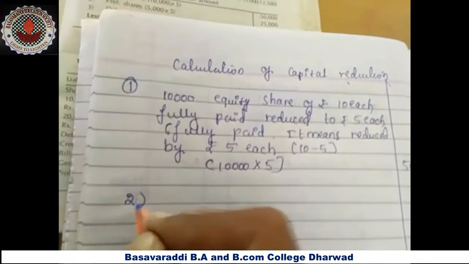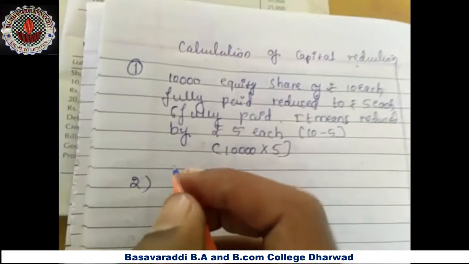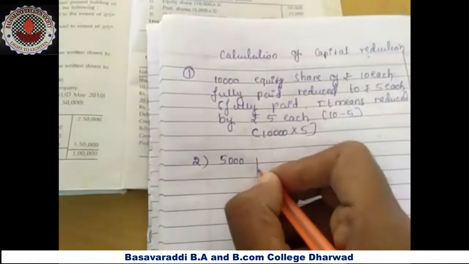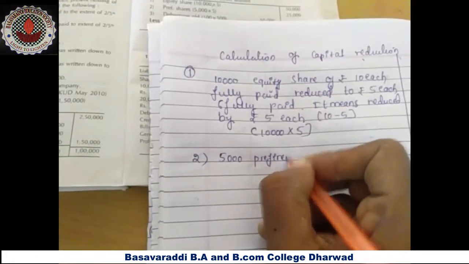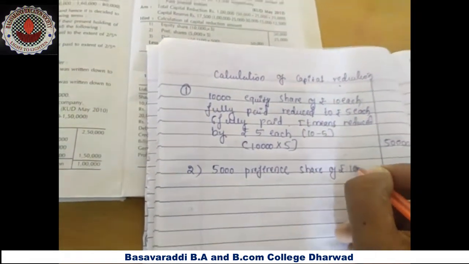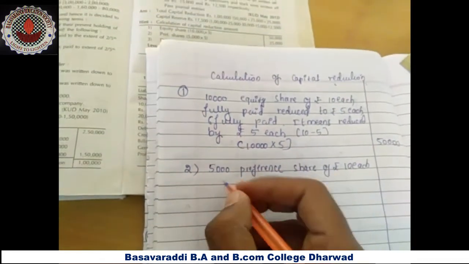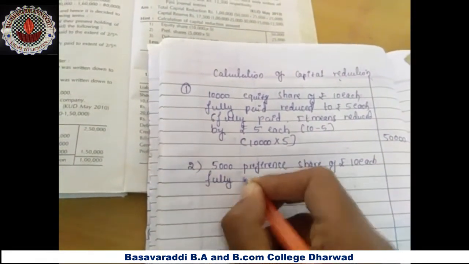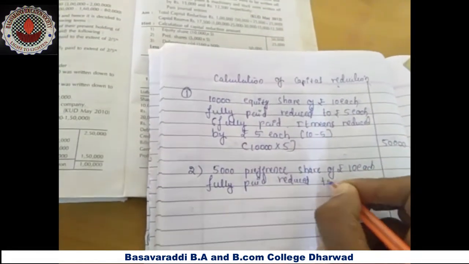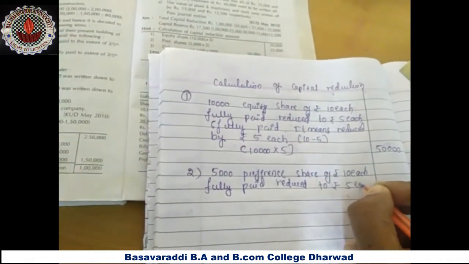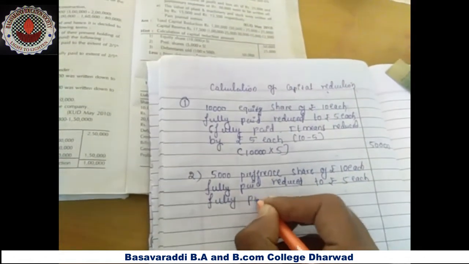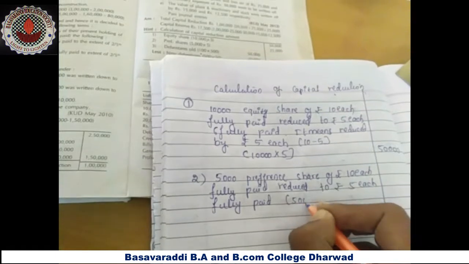Now the second one, 5,000 preference shares of rupees 10 each, fully paid, reduced to rupees 5 each, fully paid up.